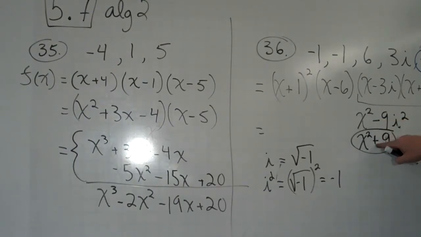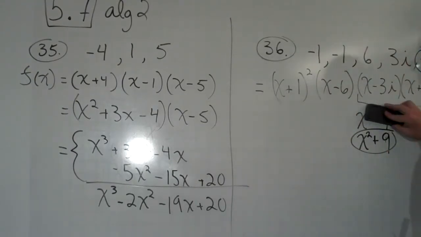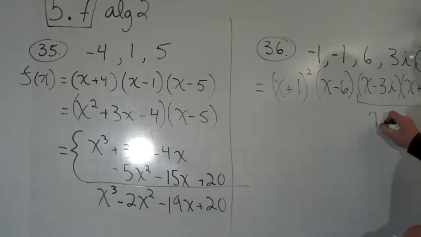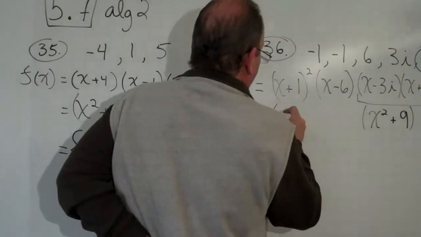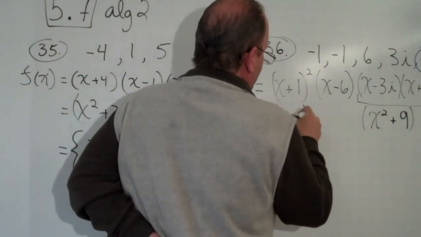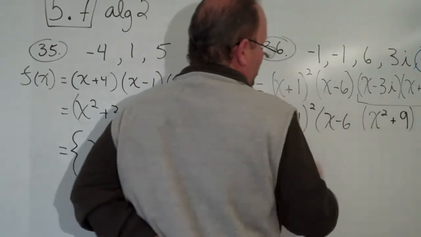Minus a negative becomes plus a positive. So here we have this half, x squared plus 9. Here we have x plus 1 squared, and here we have x minus 6.